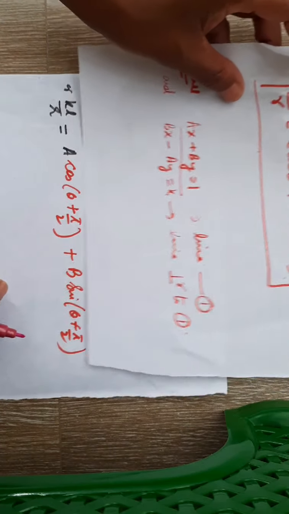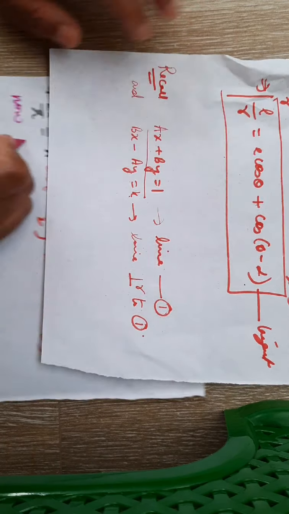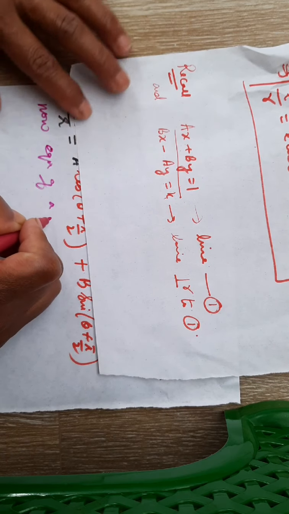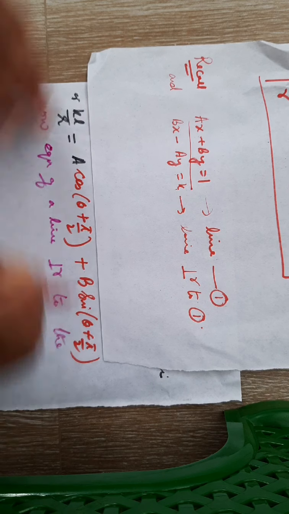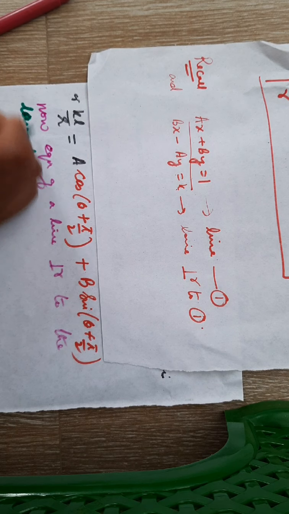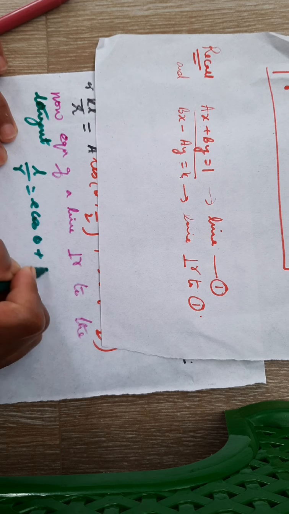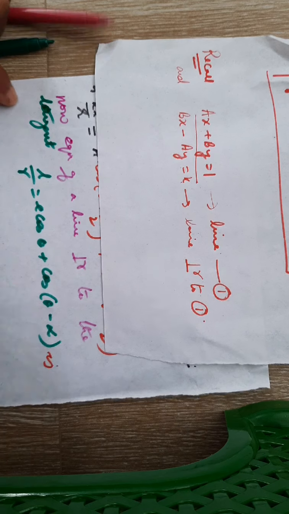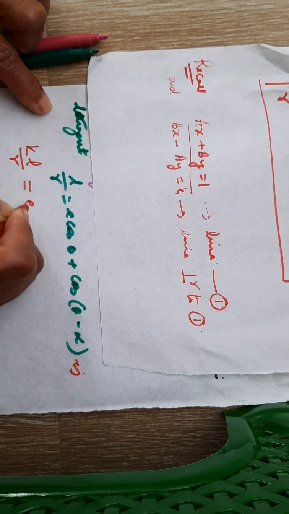So let us find out the equation of a line perpendicular to the tangent. L by R is equal to E cos theta plus cos of theta minus alpha will be k times L by R is equal to E cos of what?